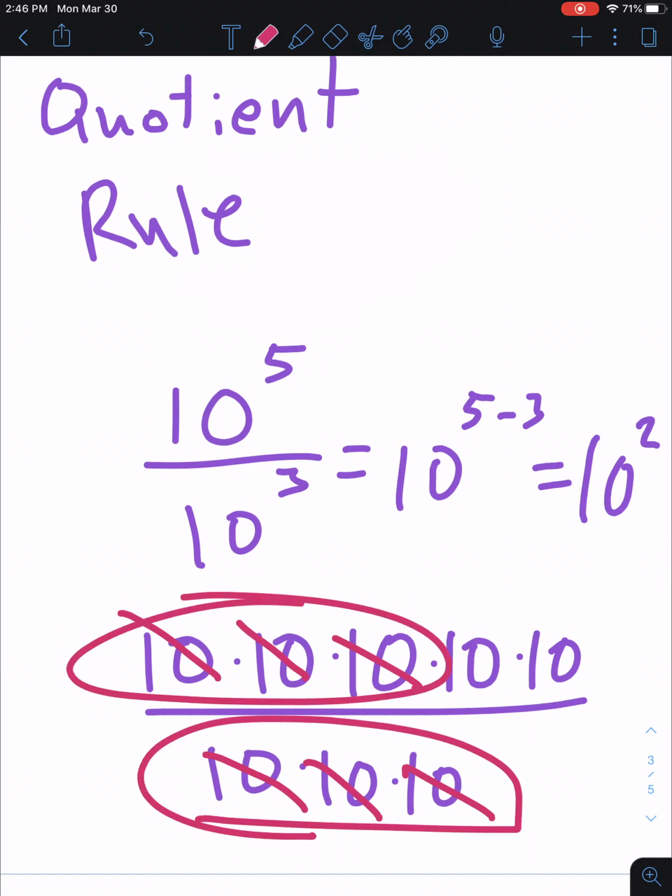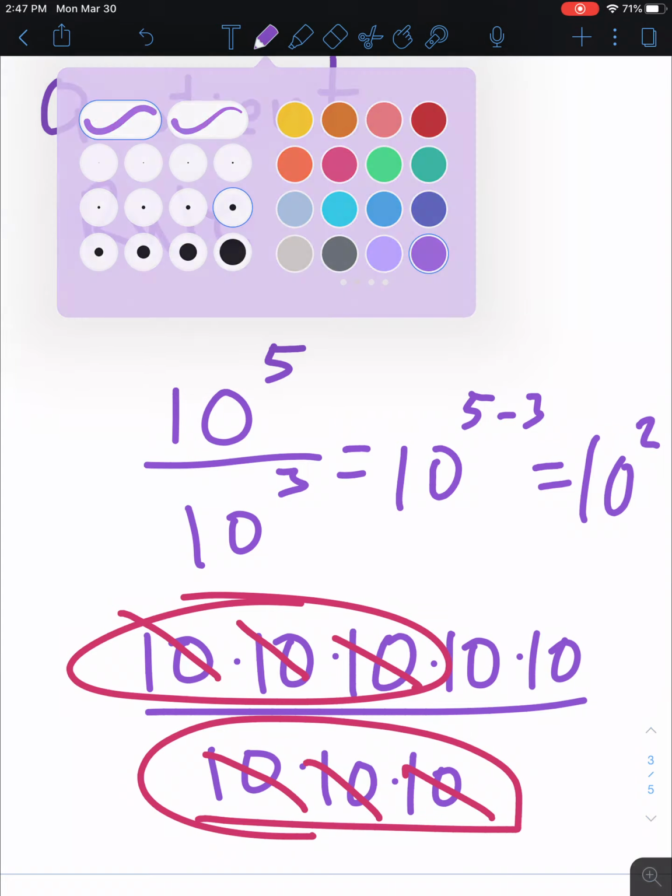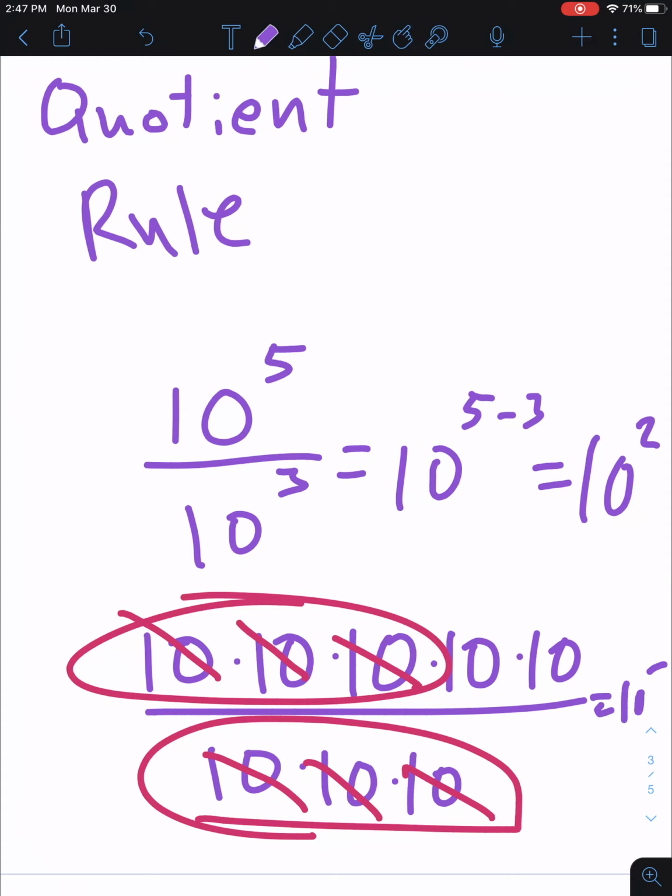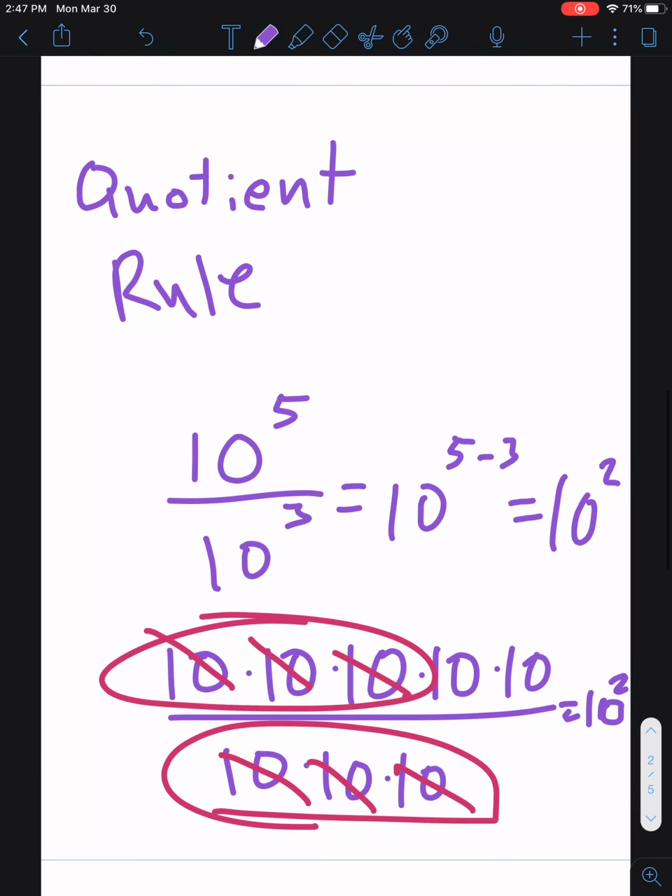We can't cross out anything that isn't already in the bottom. So these two 10s over here, there's nothing to match down here, so we cannot cross those out. When we do that, we get our answer of 10 to the 2nd power. So key thing about the quotient rule is that when you're dividing two powers, you subtract the exponents. It's the exponent on the top minus the exponent on the bottom.